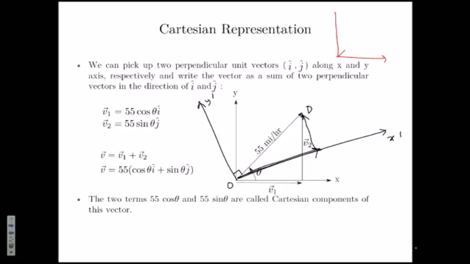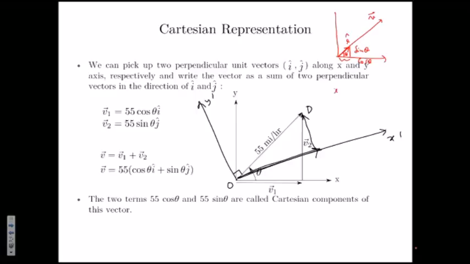So this is my velocity vector, and I'm just showing a unit vector, right? So you can see its length is small because it's unit magnitude, right? And this angle is theta. So if I drop the perpendicular, this would be equal to cosine theta, and this would be equal to sine theta. Why? Because the length along the diagonal is 1, right? So it's 1 times cosine theta and 1 times sine theta.